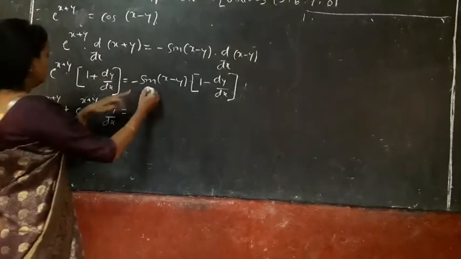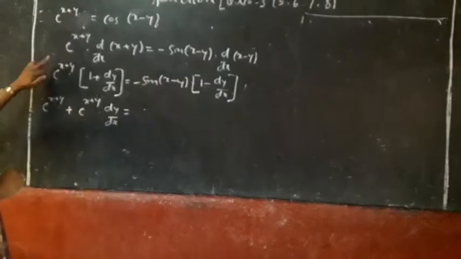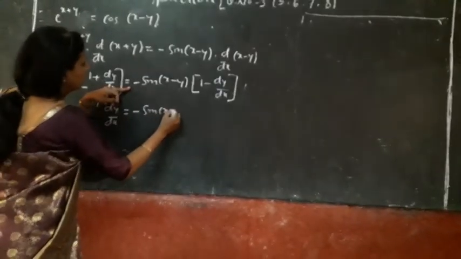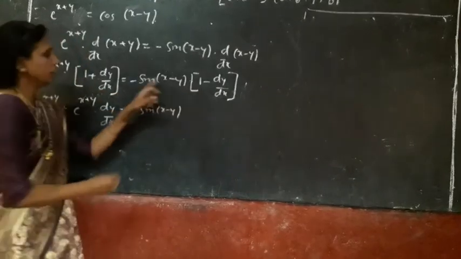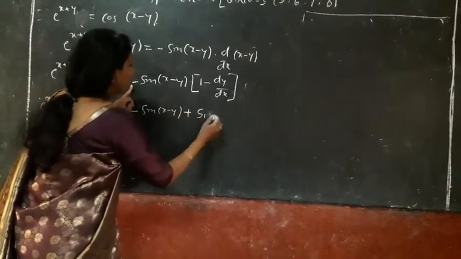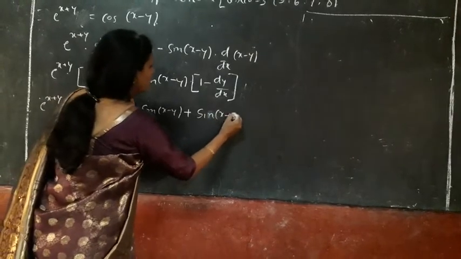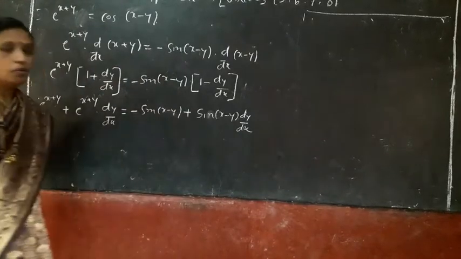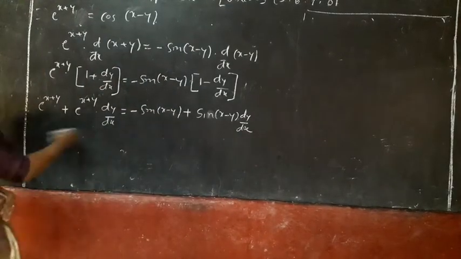This is equal to, multiply this one, minus sin x minus y into 1, minus into minus becomes plus sin of x minus y into dy upon dx. Now collect the term dy upon dx on LHS.